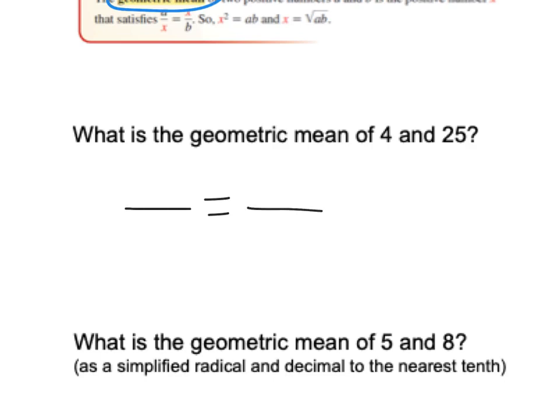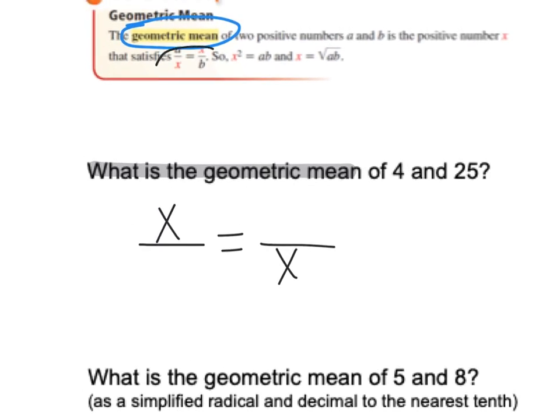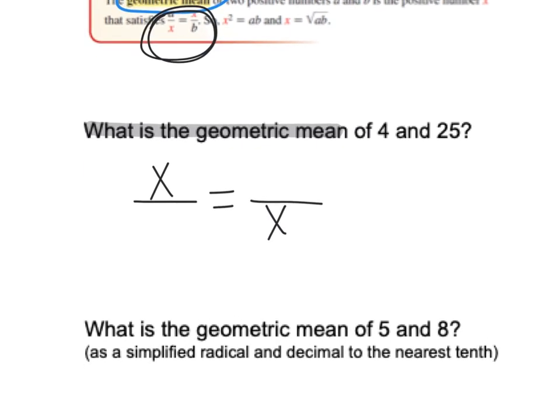We have fractions on each side. When it's asking what is the geometric mean, that geometric mean that we're trying to find, that unknown, goes diagonal from each other on the proportion. So the geometric mean is going to be like the x's up here in our formula, and then the two numbers we're finding the geometric mean of go in the other two spots.